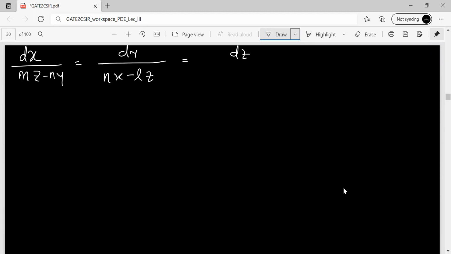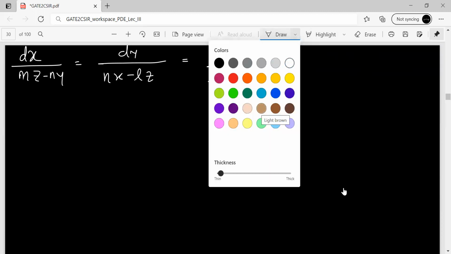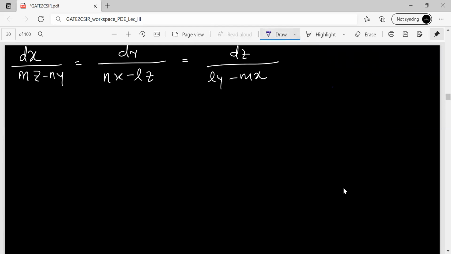Now in the same manner I have to confirm another one. So consider dx over mz minus ny equal to dy upon nx minus lz and equal to dz upon ly minus mx. Now let us choose other multipliers and see what we get. I'm planning to cancel them.